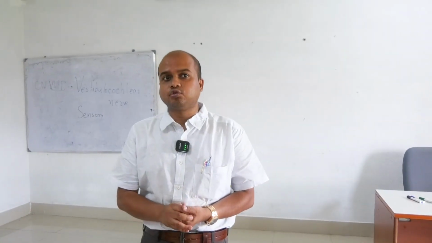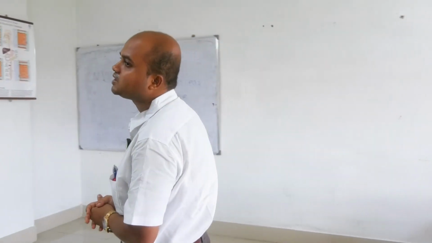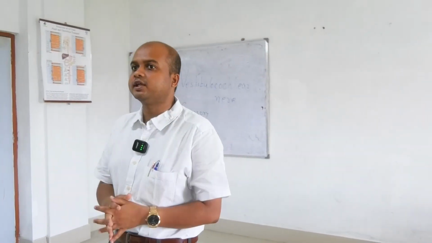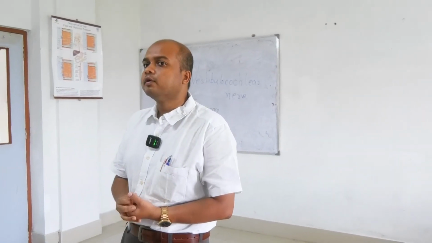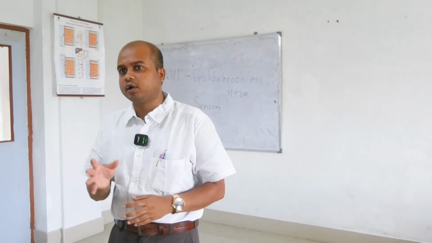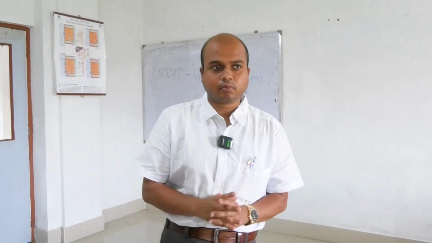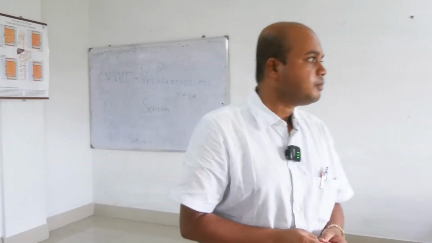Another part is the cochlear part of the nerve, which is associated with hearing. So how to test for hearing? What are the tests for hearing? Before learning the tests and how to do them, we should have some concepts.